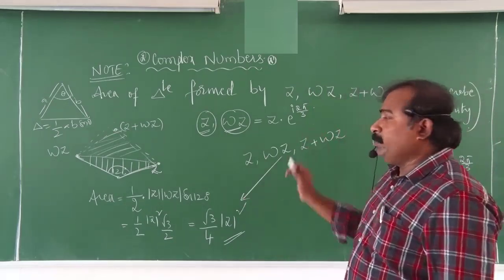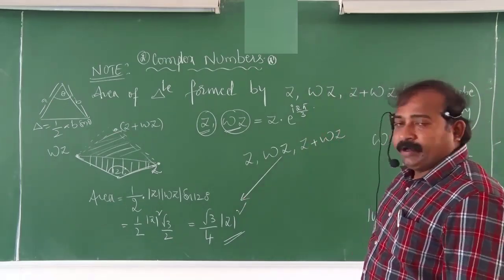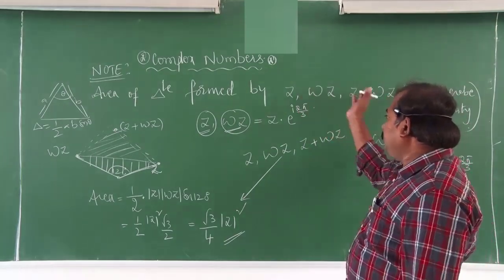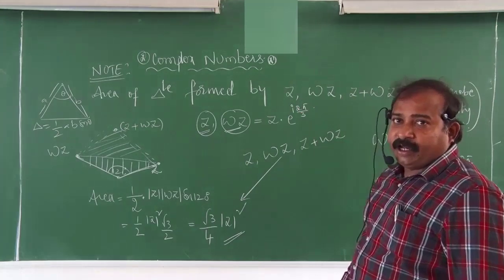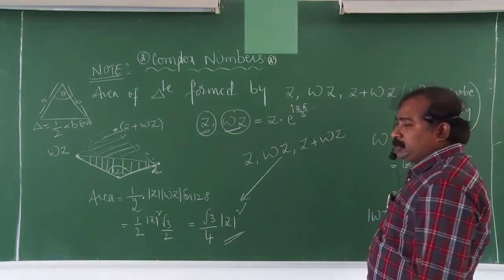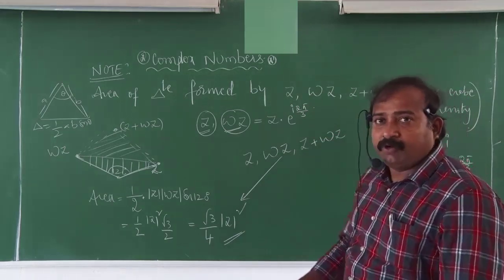Remember this point, it is very important from a competitive point of view. Sometimes they will directly ask the area of the triangle formed with the vertices z, omega z, z plus omega z, which is root 3 by 4 mod z square.